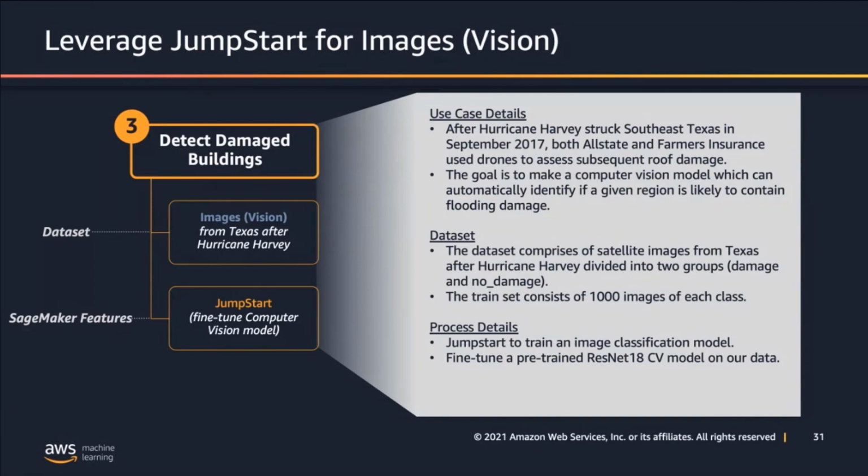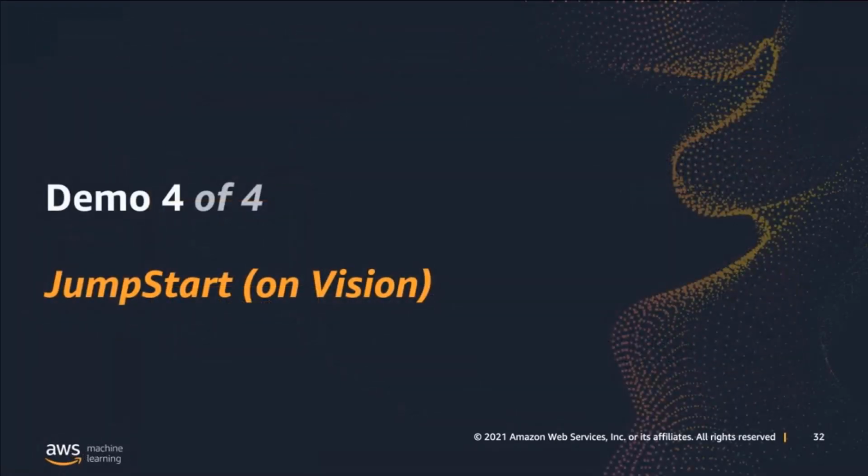For this, we will use 1,000 images of damaged buildings and 1,000 images of not damaged buildings, and we will tap into the fine-tuning capability of JumpStart, where we will fine-tune a PyTorch ResNet 18 model. Arun, the floor is all yours for the last of the 4 demos.